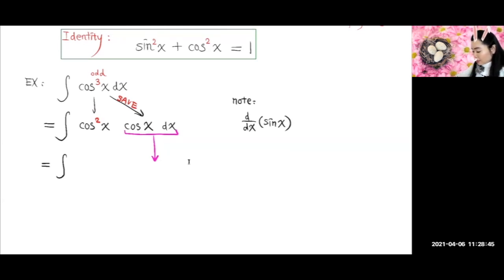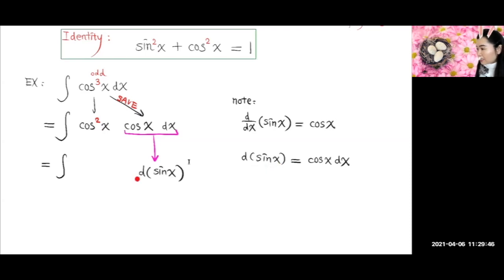When you differentiate sine x with respect to x, we get cosine x, right? So d of sine x is equal to cosine x dx. So when I save this cosine x together with the dx, that becomes d of sine x.